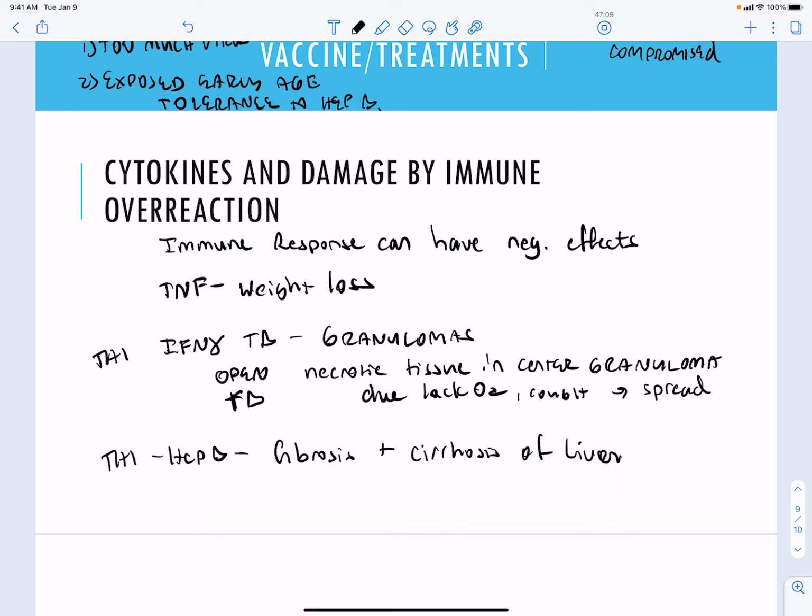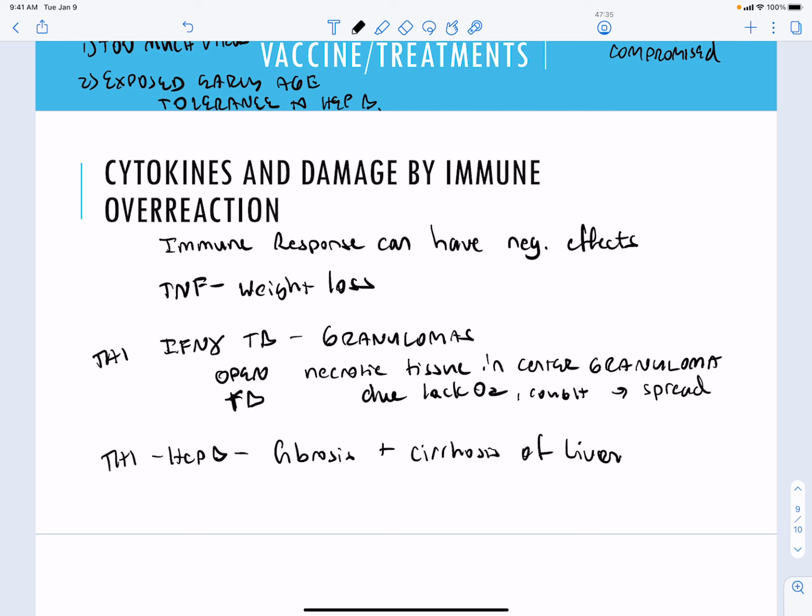And again, type 1 inflammation is very strong and it does a lot of damage, but it's necessary for intracellular pathogens to get rid of them, and it's because you need those CD8 T cells. Your CD8 T cells are excellent at getting rid of intracellular pathogens, but unfortunately they kill the cell too. And if there's too many cells infected, then the CD8 T cell is going to kill all those cells, and that's going to do damage to your actual tissues.